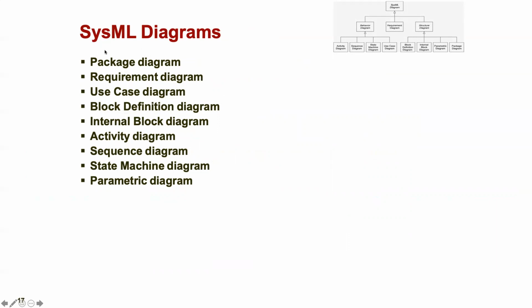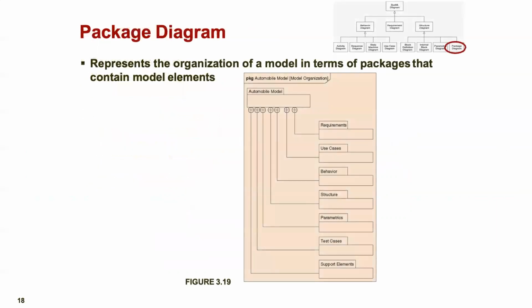And so here are those nine again: one, two, three, four, five, six, seven, eight, nine. We have the package diagram, and the package diagram represents the organization of a model in terms of packages that contain modeling elements. So how do you start thinking, say, for an automobile, how do you bin that into various categories?